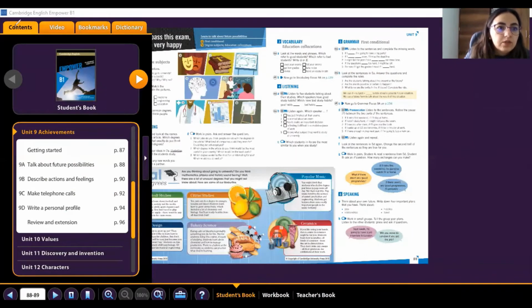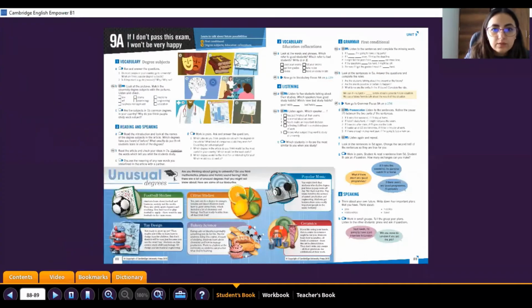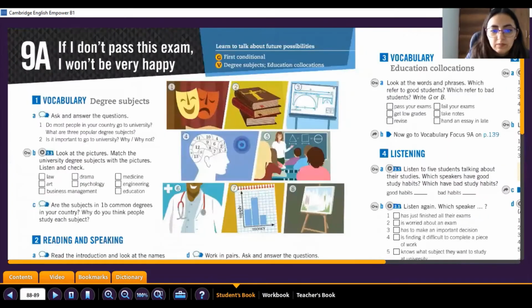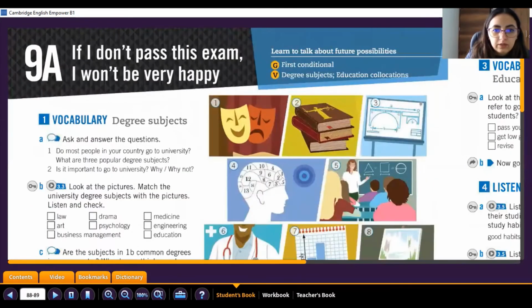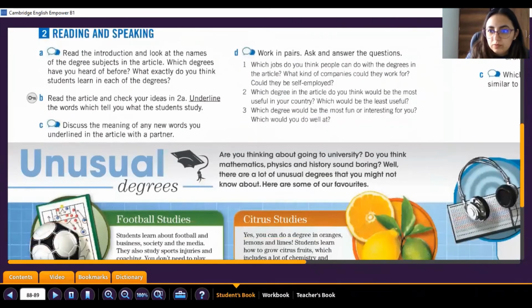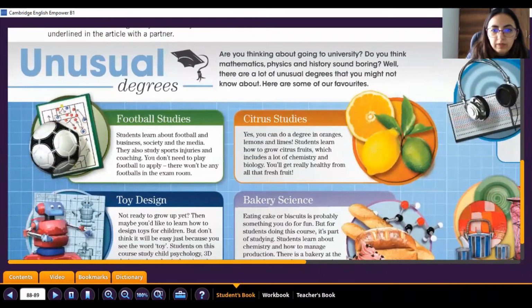Okay, so can you see the book, guys? Yes, teacher. Thank you. So let me make it bigger so everybody can see what we are going to talk about. Here we have unusual degrees, guys. Vamos a ver acerca de carreras inusuales, extrañas, okay?